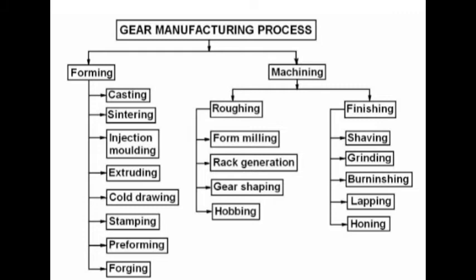Like this we can make the gears by rough machining, and we can finish them by different operations called gear shaving, gear grinding, burnishing, lapping, and honing. So there are various methods like the reproducing method and the generating method, and by using these we can manufacture the gears. Okay, so I hope everyone understands this.